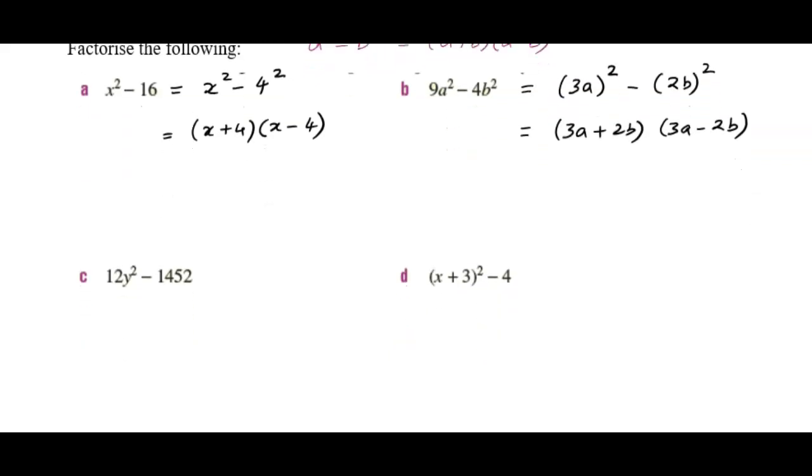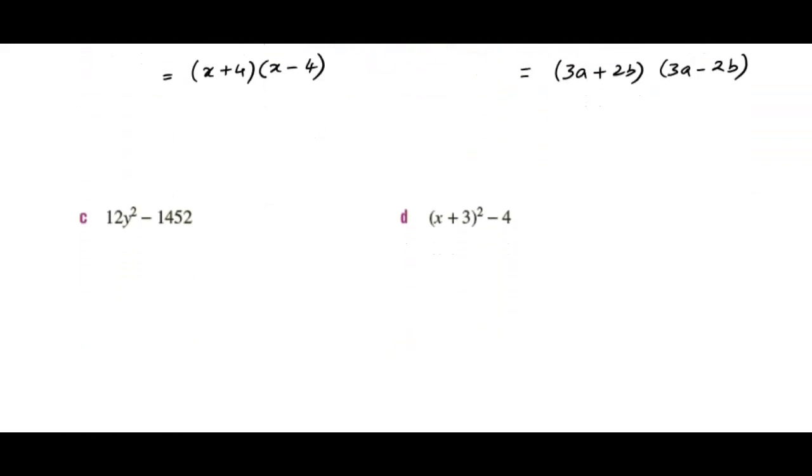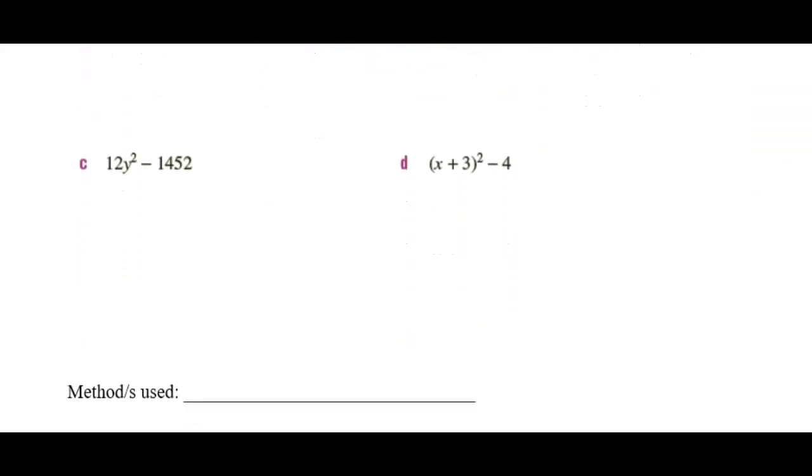Now moving on to the third example in this particular section. So we have 12y squared minus 1452. Now again, this is not a very straightforward example because in this expression there is a common factor, and the common factor there is 12. So if I take the 12 out, I'm left with y squared minus 1452 divided by 12, which leaves us with 121.